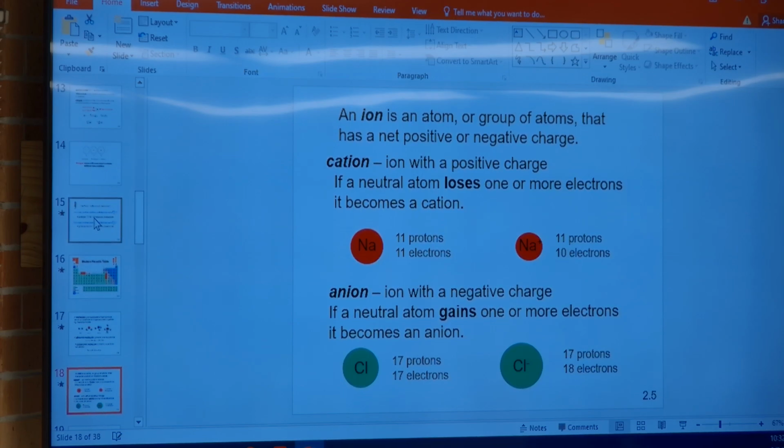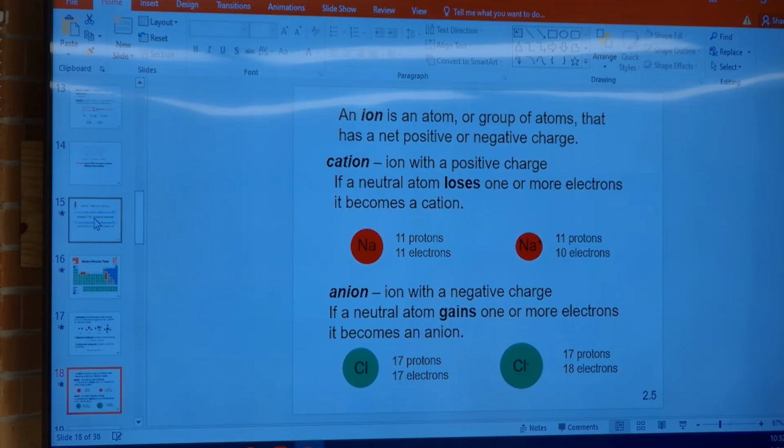That is because sometimes this atom or group of atoms loses electrons, like sodium. Initially 11 protons, 11 electrons. This atom has no net charge. Proton and electron are exactly the same, balanced. But when sodium meets a nonmetal, sodium loses an electron and the nonmetal gains an electron.